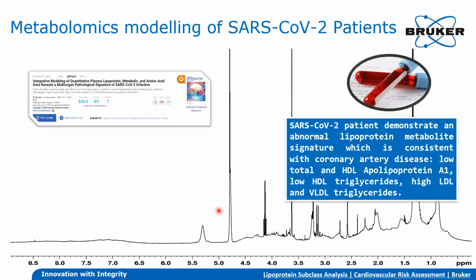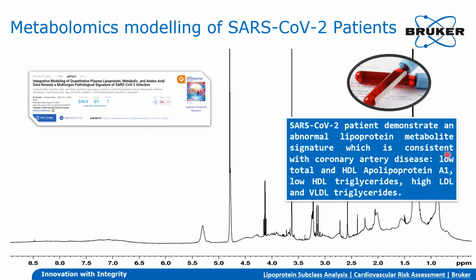So the current COVID-19 study shows that COVID-19, or SARS-CoV-2, patients demonstrate an abnormal lipoprotein metabolite signature, which is consistent with coronary artery disease.